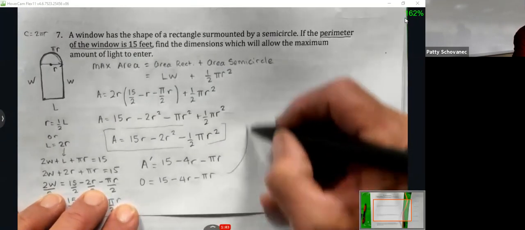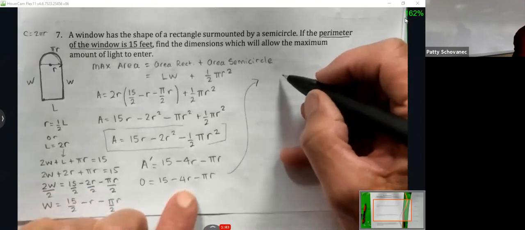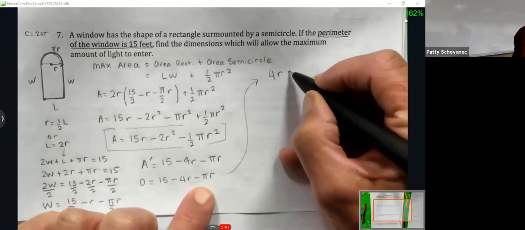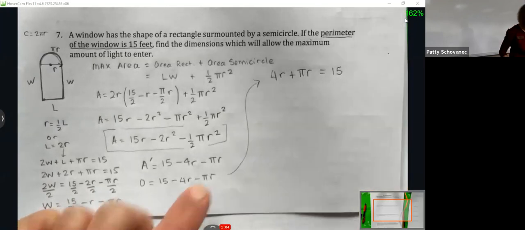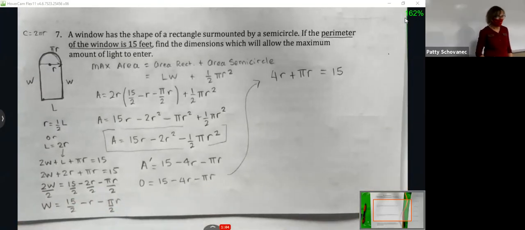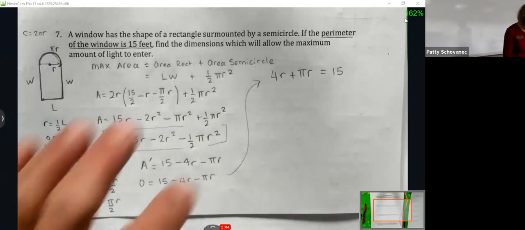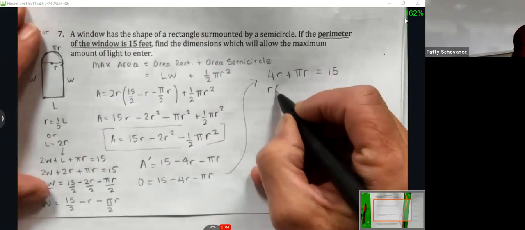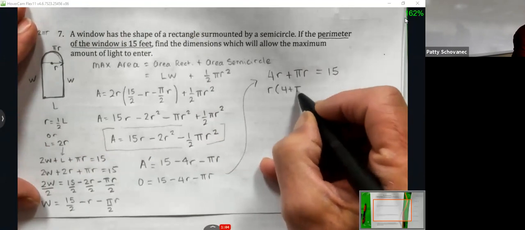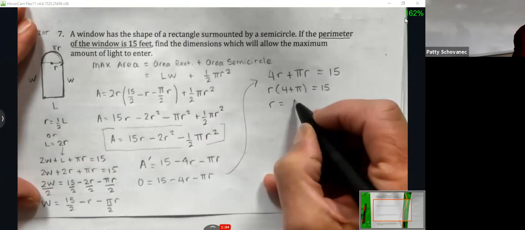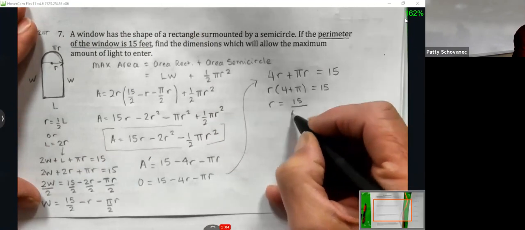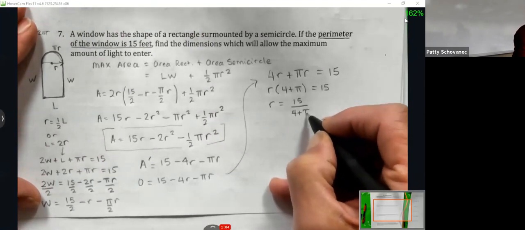So I'm going to have 4r plus pi r is 15. Let's factor out the r. 4 plus pi goes here. And so our critical number is 15 divided by 4 plus pi.